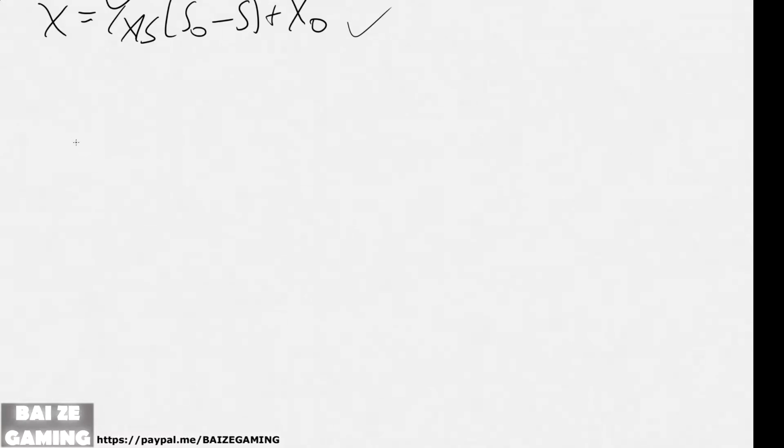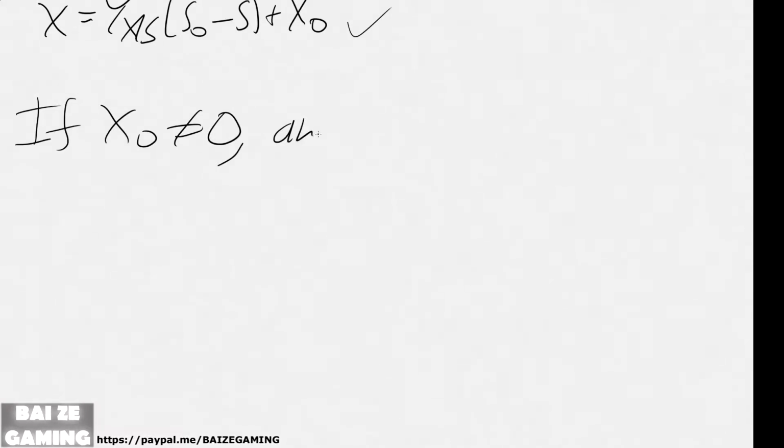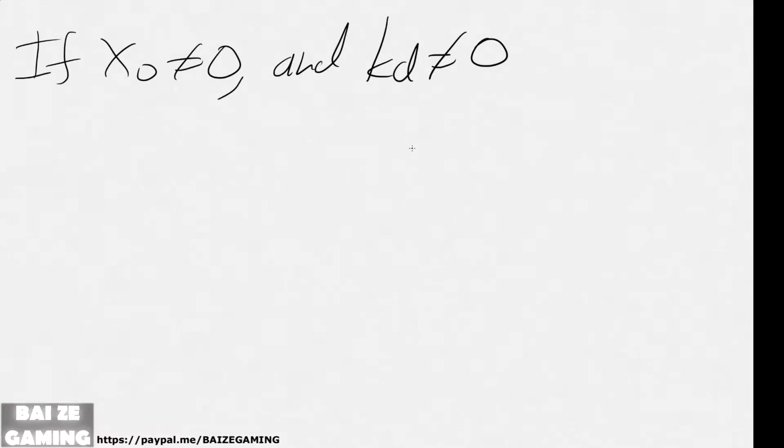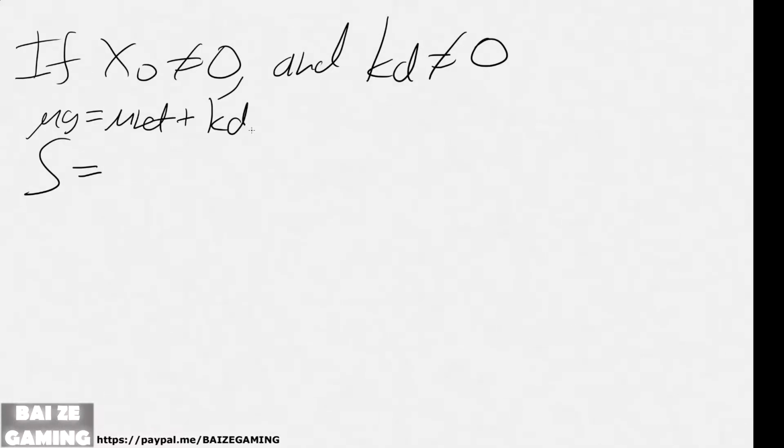And now let's consider the last case. x naught is not equal to 0 and the maintenance coefficient is not 0. So take the old equation, and now we know that mu G, the gross specific growth rate, is the net specific growth rate plus the maintenance coefficient, and we just plug that into what we found before.